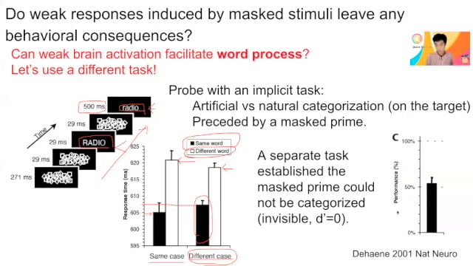And even with that, d prime was 0, 50% chance performance. So we can't consciously use the information about the category, artificial or natural, but your behavior is facilitated. And that is compatible with the residual very weak activation in the brain due to the masked stimuli. Okay.